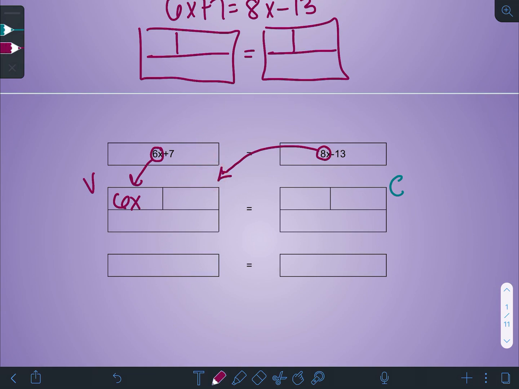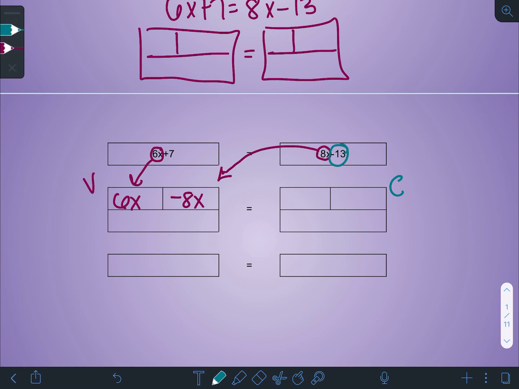To be able to do that is going to affect it a little bit, right? I can't just take something to the other side of an equal sign and nothing happened to it. So if I'm taking it to the opposite side of the equal sign, I have to take the opposite of that value. So if I have an 8x, the opposite of that value would be a negative 8x.